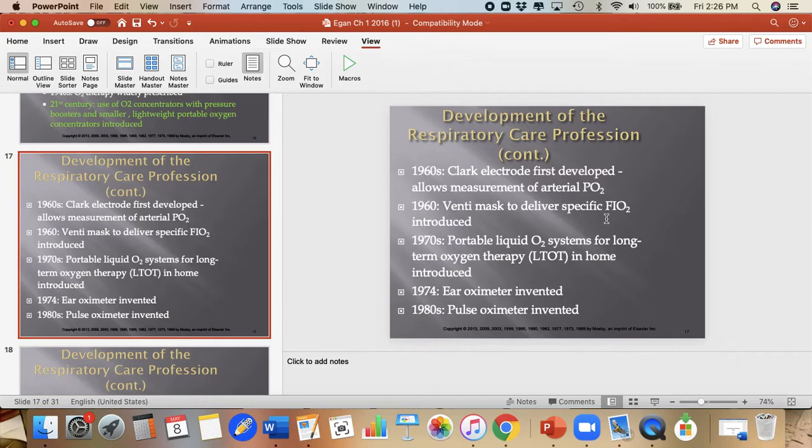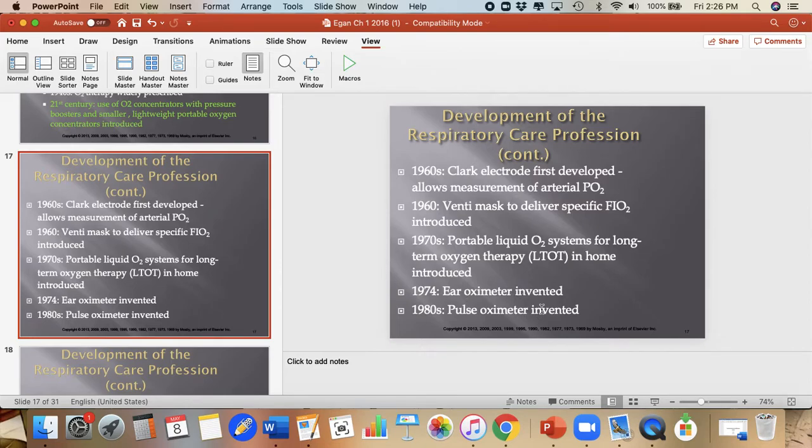So they have this prescription, essentially, of how much oxygen they're supposed to be having. And so using this Venturi mask, I'm pretty sure that it's similar to the Venturi mask that we use today, it allows you to deliver that specific FiO2, that specific prescribed amount of oxygen.